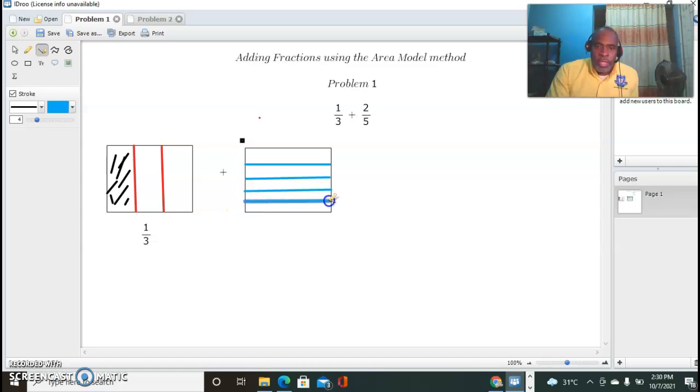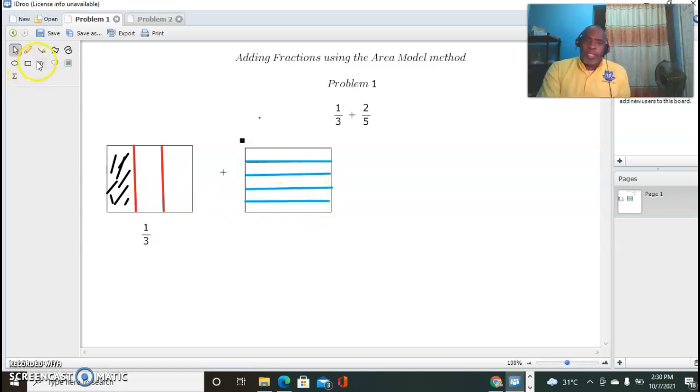Now it should be equal parts, so just imagine that they're actually equal. Okay, let's count. 1, 2, 3, 4, 5.